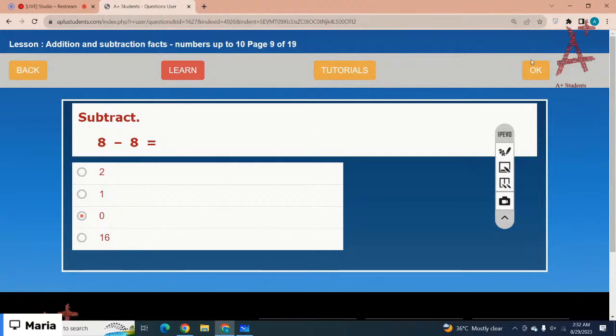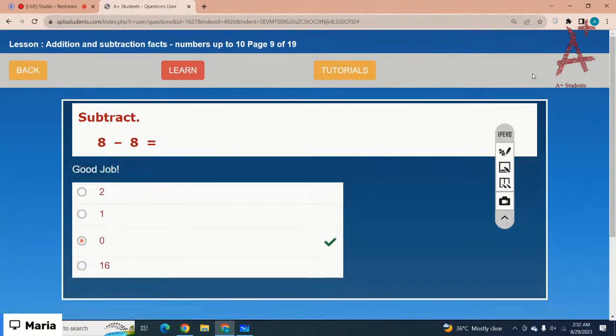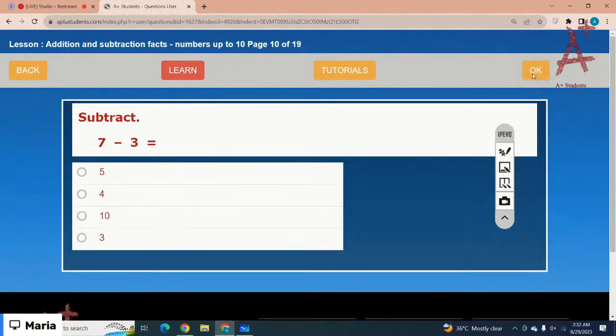Subtracting a number from itself makes 0. 7 take away 3, which is the correct option? So 7 take away 3 equals, you have to go back 3 numbers, right? So you start with 7 and go back 3. The correct option is 4. 7 take away 3 is 4.